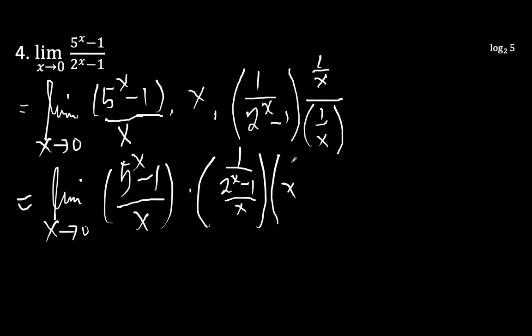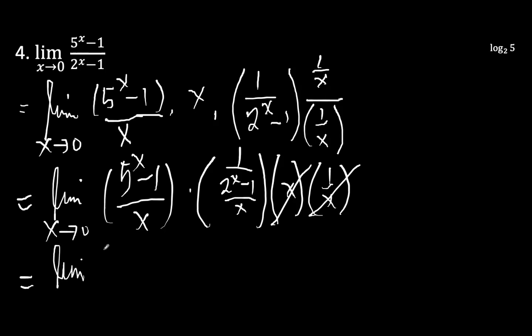And we have x, and we have 1 over x. There we go. So let's simplify this. I can cancel this out, right? And I can take the limit of this. So the limit of 5 raised to x minus 1 all over x as x approaches 0.